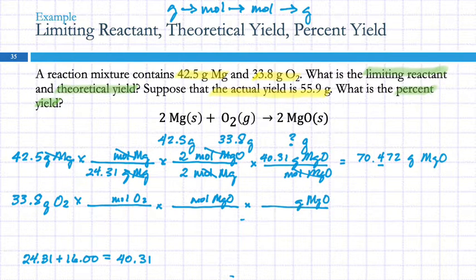You're always going to find the same substance when you're doing limiting reactant problems. So the grams cancel out, the moles of oxygen cancel out, and the moles of MgO cancel out.